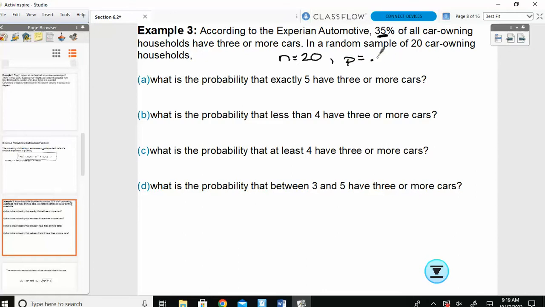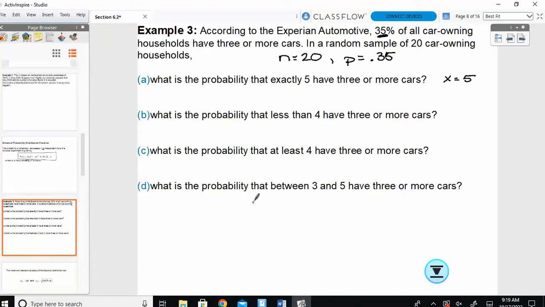So that is 0.35 for my P. So part A, I want the probability that exactly 5. So X is 5 in this scenario. We want 5 of them to have 3 cars.